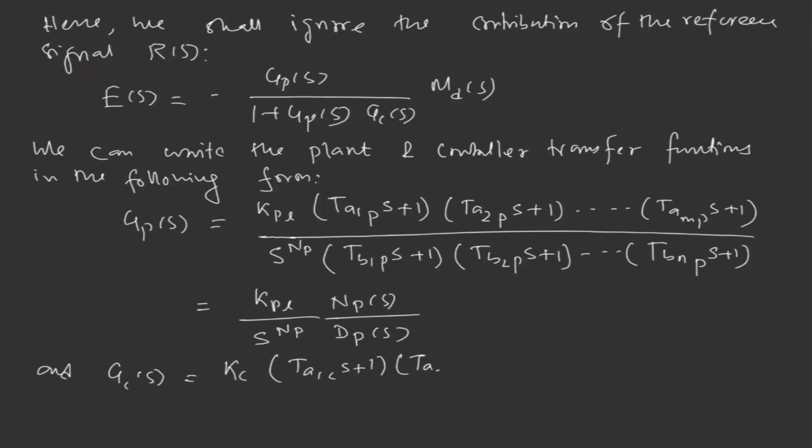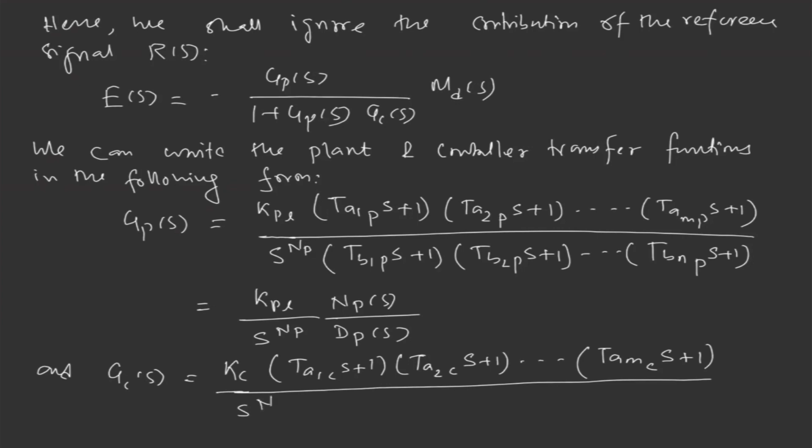Then (Ta2c s plus 1) dot dot (Tamc s plus 1), and we can write the poles configuration in this structure: s to the power Nc, controller, (Tb1c s plus 1)(Tb2c s plus 1) dot dot (Tbnc s plus 1).